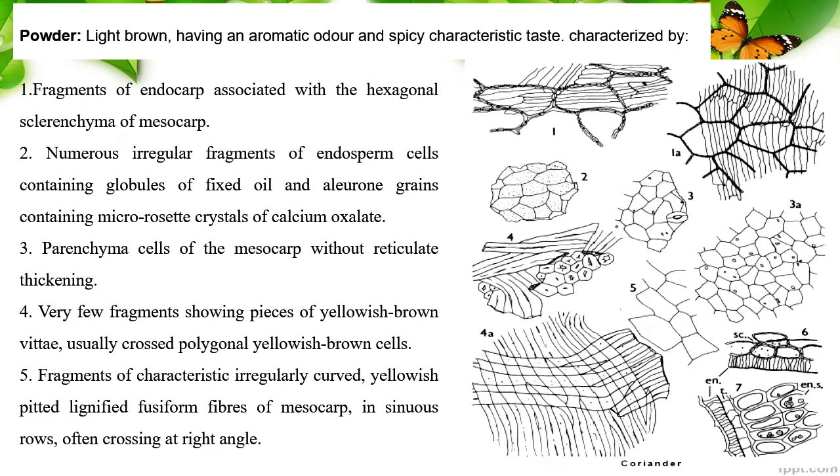The powder shows diagnostic fragments of the endocarp associated with hexagonal sclerenchyma of the mesocarp. Here the endocarp and hexagonal structure of the mesocarp. Irregular fragments of the endosperm containing fixed oil globules, aleurone grains, and micro rosette crystals of calcium oxalate.